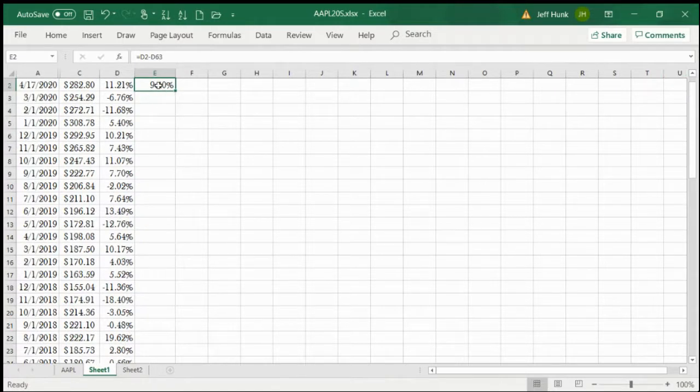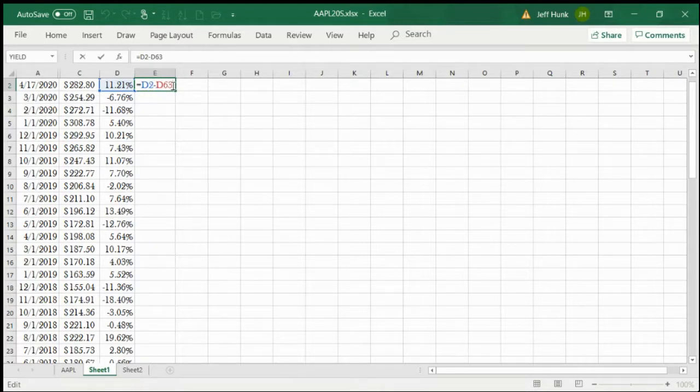Okay, but then I'm not going to do this one by one. I will just copy and paste it all the way down. But when you copy and paste it, you have to also realize that as D2 goes down to D3, this will go down to D64, and there is nothing in D64.